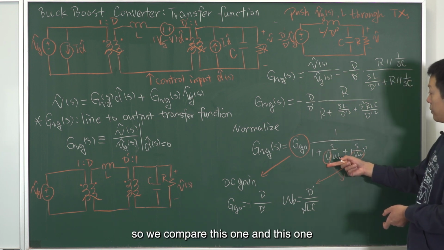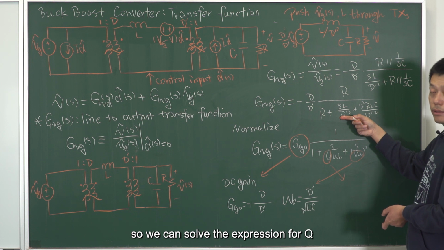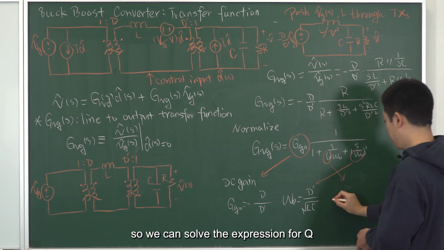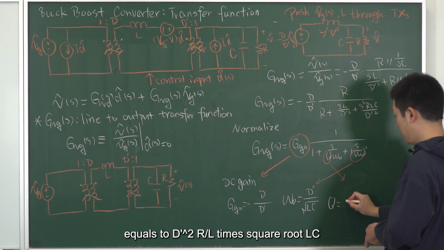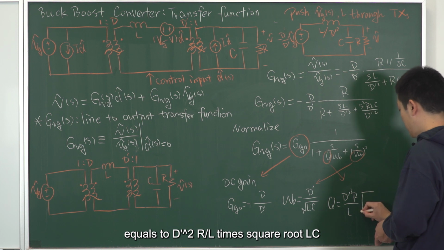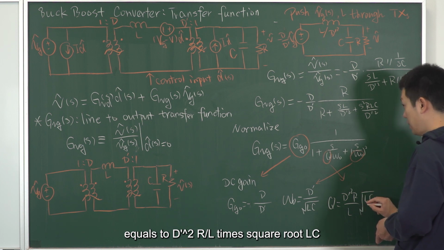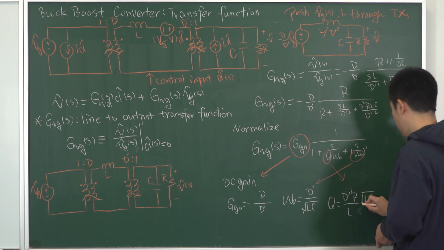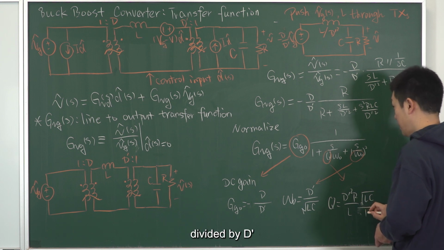So we compare this one and this one, so we can solve the expression for Q. Q will equal d prime square R over L times square root LC divided by d prime.